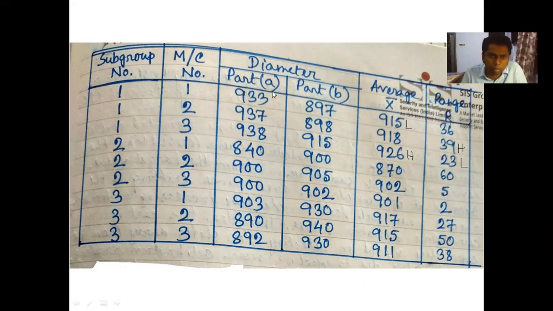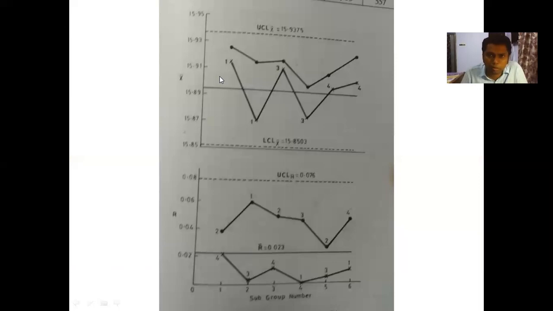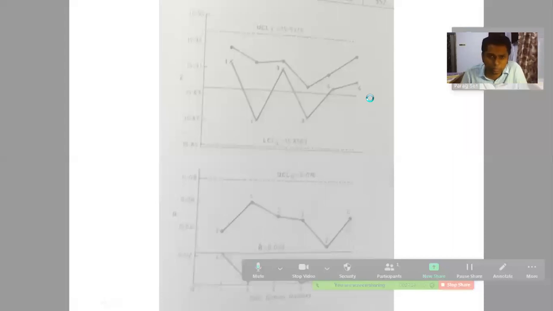I have not given all 6 here, but you need to do this calculation for all 6 subgroups. After that, when you construct the X bar chart or R chart, you will calculate X double bar, which is just the average of all the X bars, nothing else.